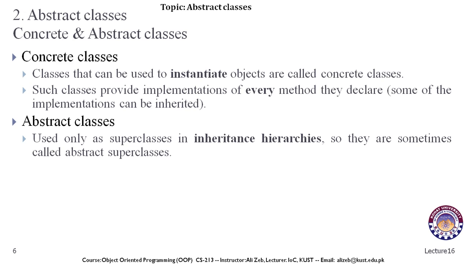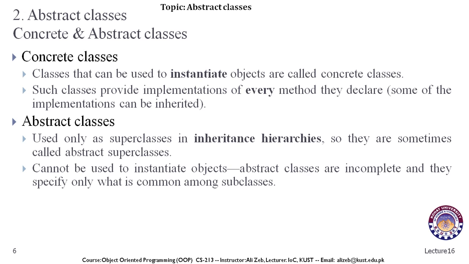Abstract classes are used only as superclasses in inheritance hierarchies. So an abstract class will always have a subclass. An abstract class is not complete without a subclass. Used only as superclasses in inheritance hierarchies, they are sometimes called abstract superclasses.